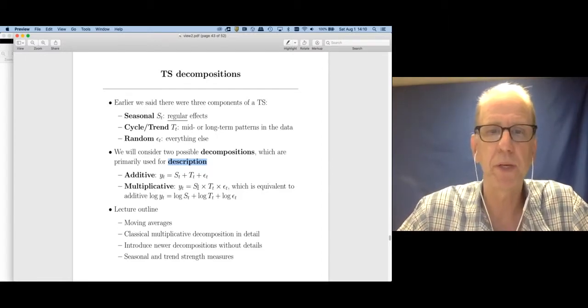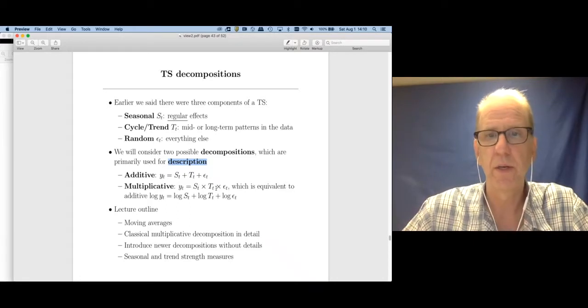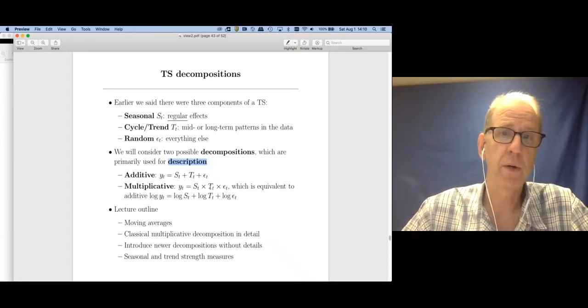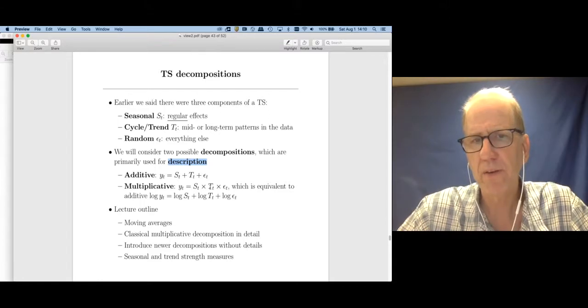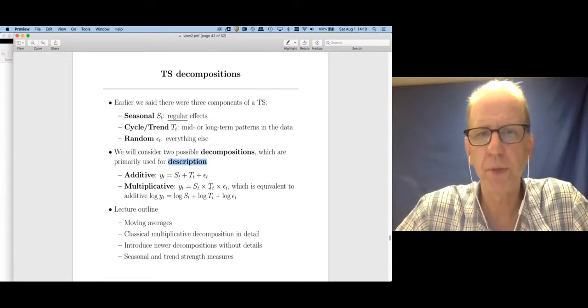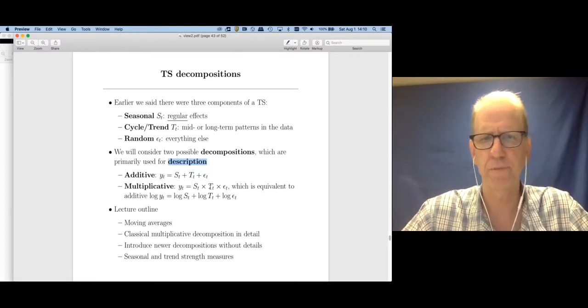That would be a multiplicative seasonal effect. Or the trend could also have a multiplicative effect where things are growing exponentially. Whenever we have those situations, we're going to use a multiplicative decomposition. Otherwise, we'll just use an additive decomposition.